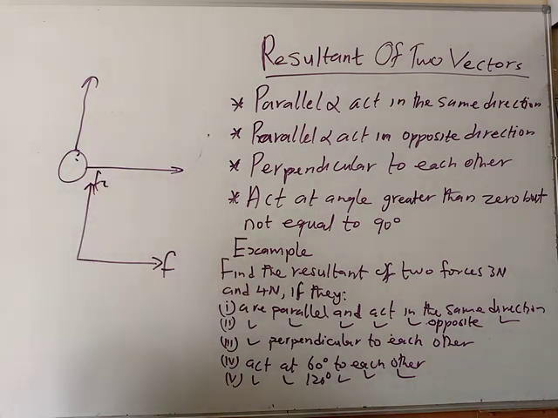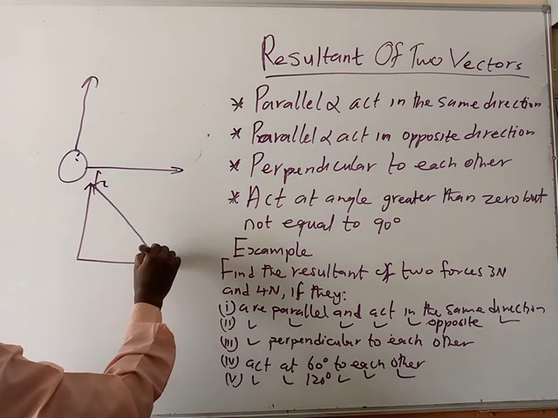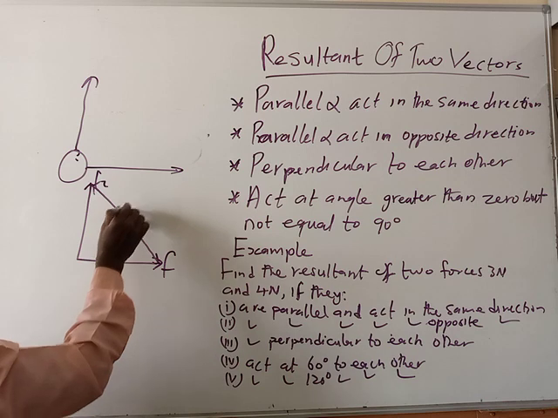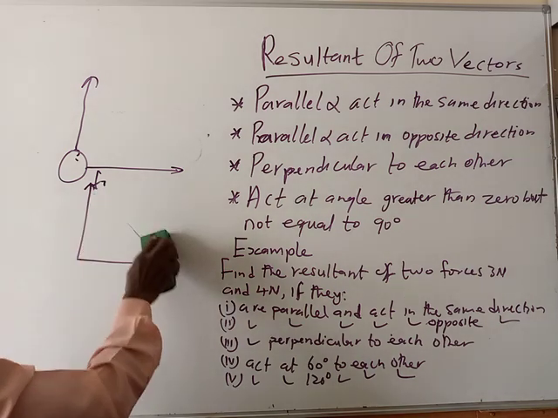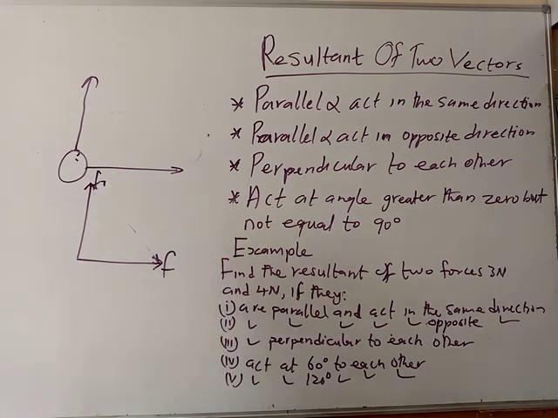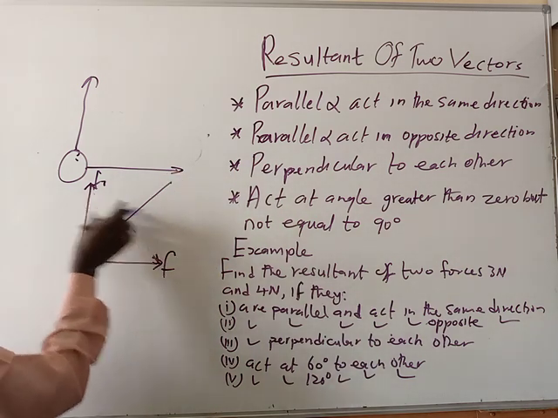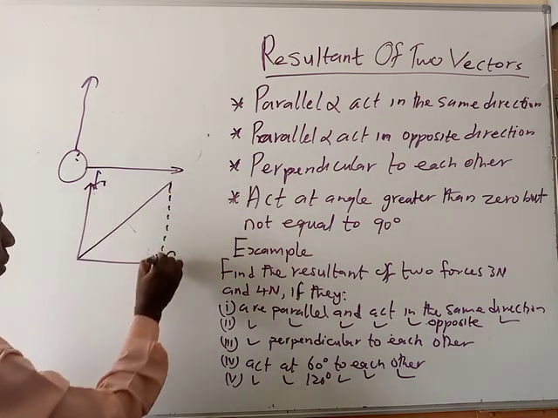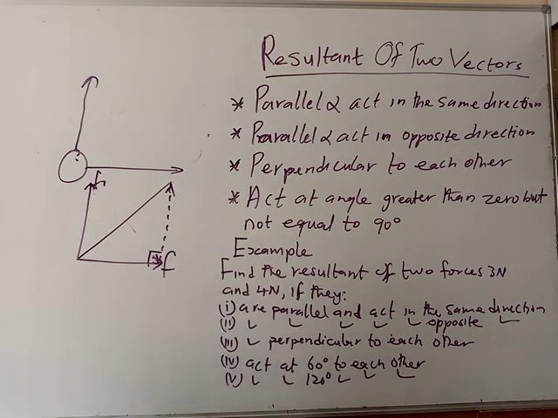You have two ways of forming it. You can just join it like this directly, where this one will serve as our resultant. Or you can form it like this. Draw your line from here. So transfer this one to this side. It's still in form of right angle triangle.